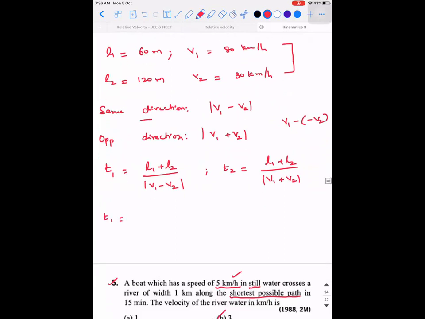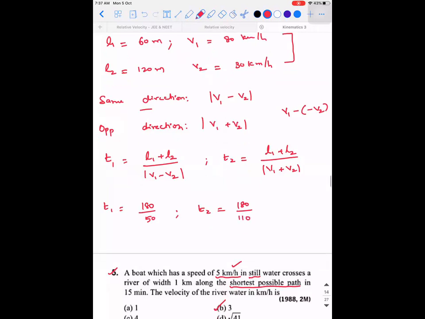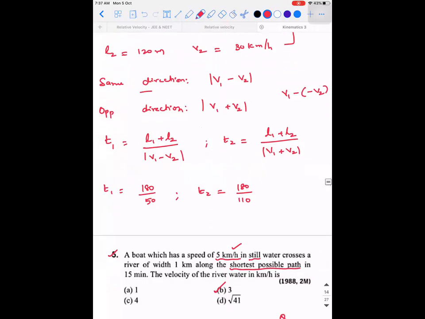So in the first case, 120 plus 60 is 180 divided by modulus of V1 minus V2, which is 50. In the second case, 180 divided by 110. So T1 by T2 will be 110 divided by 50. The answer will be 11 by 5.